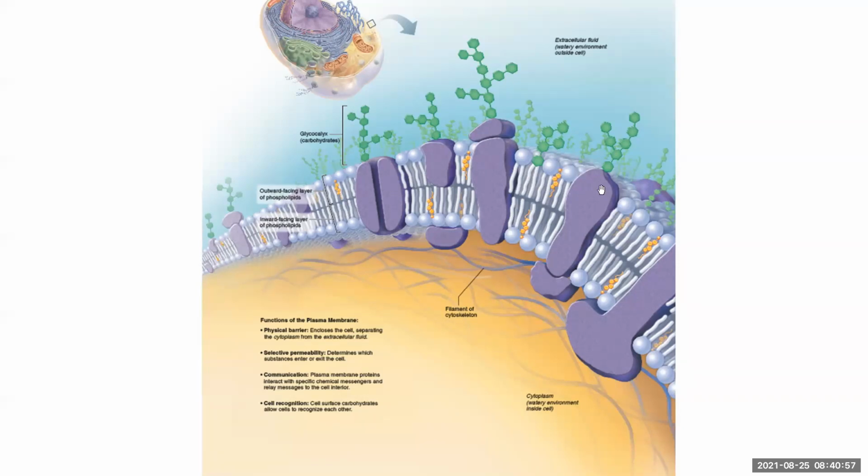So these proteins are able to move and be moved by the cell itself. Note here, elements and filaments of the cytoskeleton that are attached to these proteins. The cell is able to move these proteins through its membrane.